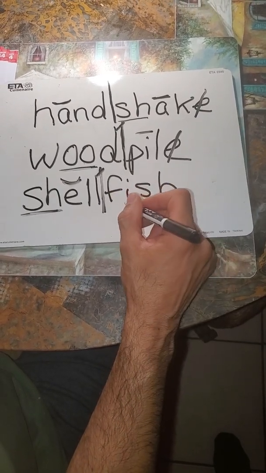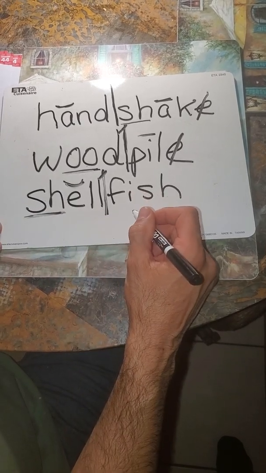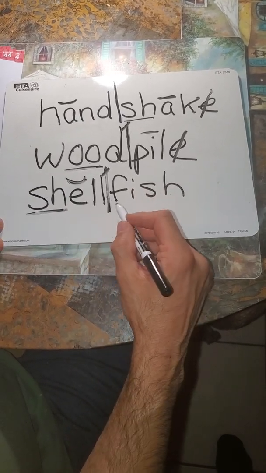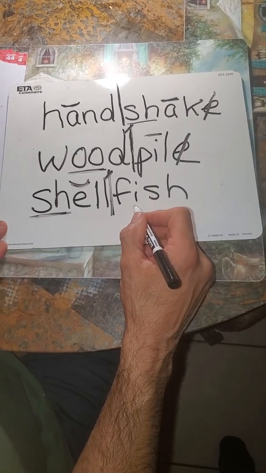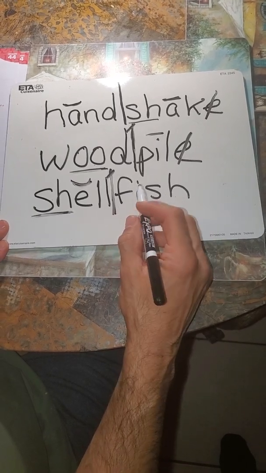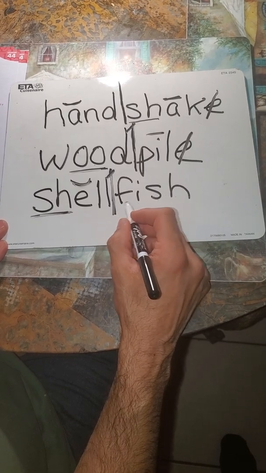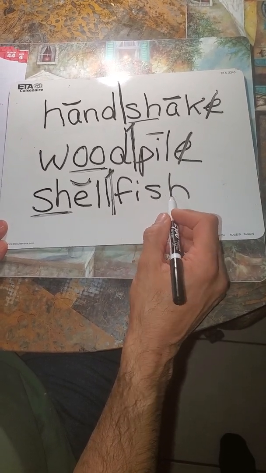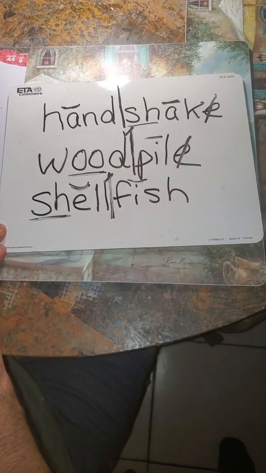Next vowel would be I. Does it make it sound its name like in the alphabet? I, fish? Or does it give the sound like a short sound? I, fish. That's right. We're going to put a breve over that vowel.